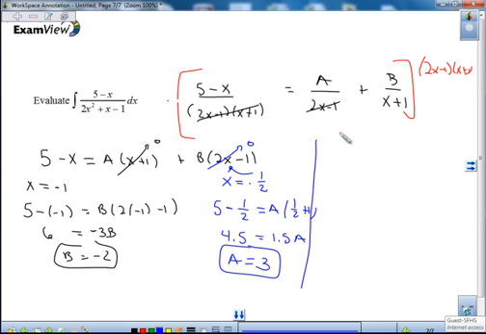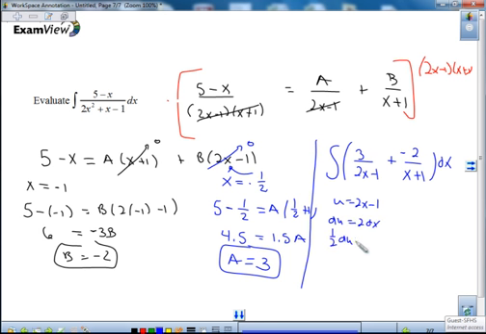So now substituting these back, I can take the antiderivative. I'm going to let u be 2x minus 1, so du would be 2 dx, so 1/2 du is equal to dx.